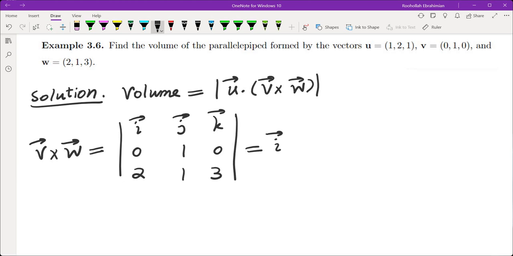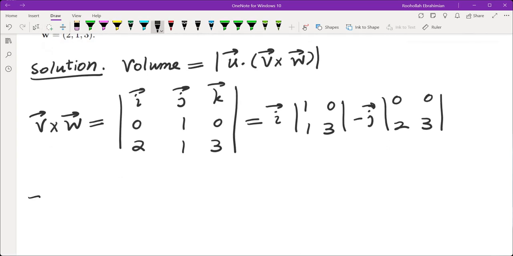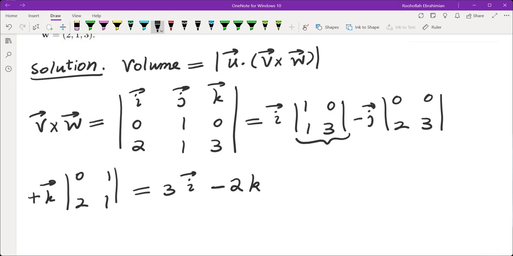Okay, so this would be i times the determinant of 1, 0, 1, 3, minus j times the determinant of 0, 0, 2, 3, and then plus k times the determinant of 0, 1, 2, 1. So the first one is going to be 3i, the second one is going to be 0, and the last one is going to be negative 2k.